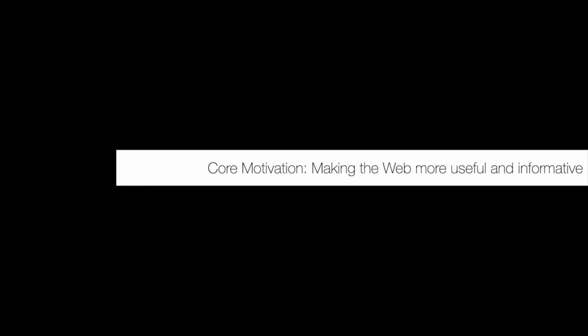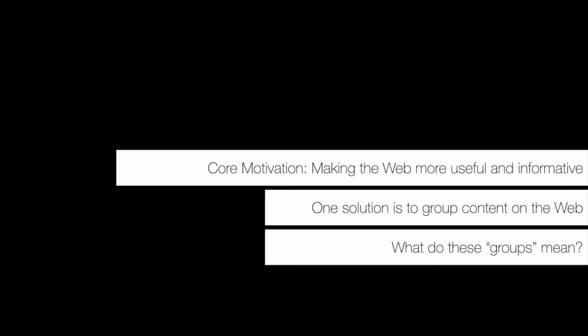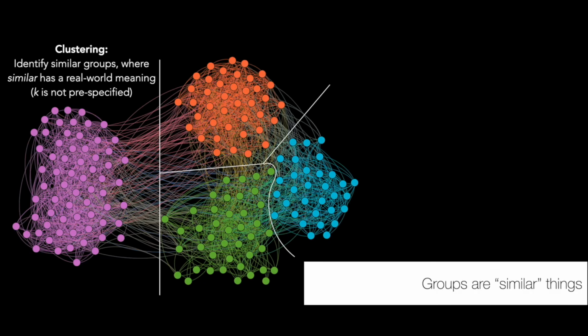Core motivation we've talked about several times over the past few weeks is about making the web more useful by grouping content. Now we've talked somewhat about what these groups are used for and how they can be useful, but let's talk a little bit about what this idea of grouping means. So in a very high level case, when we talked about clustering, we've said that these clusters should represent similarity where 2 objects in the same cluster share some sort of real-world relationship.